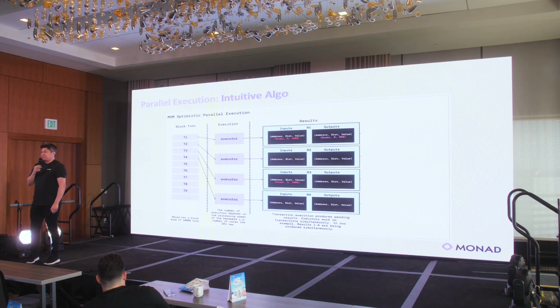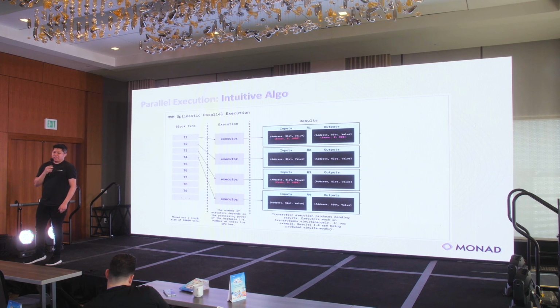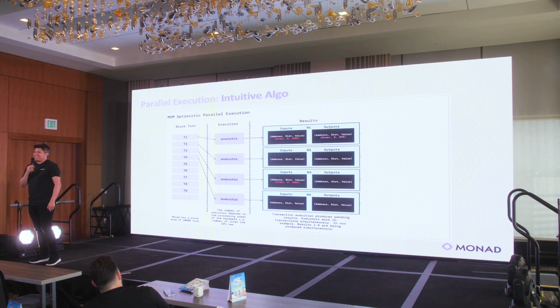So I want to give a very simple example. Imagine that there are 3 transactions at the front of the block. The starting state before this is that my USDC account has 1,000 USDC inside of it, Alice has 0 USDC, and Bob has 0 USDC. That's the state prior to this. And then there are 3 transactions.